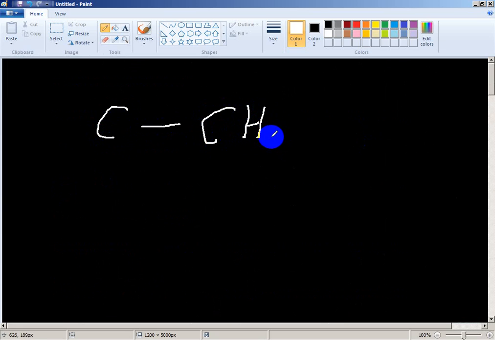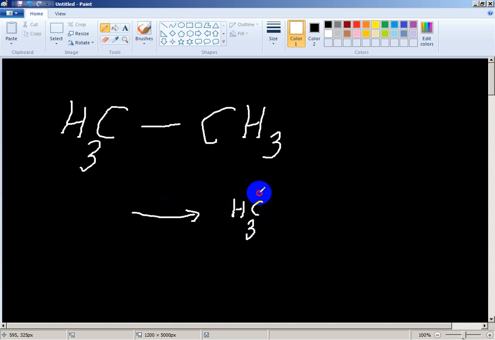In this bond breaking, there are two electrons. If the two electrons are shared equally during the breaking, then each atom gets one electron. The two electrons are shared, one electron to each atom.